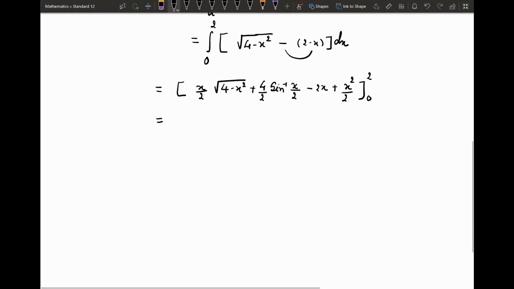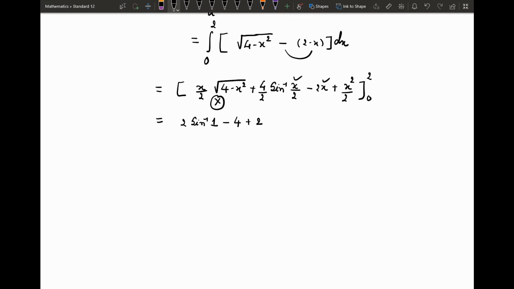So first put the upper limit. In the case of the upper or lower limit, this term will be 0, because if we put x equal to 2, 4 minus 4 is 0. In the case of the lower limit, x is 0. So this is 2 sine inverse 2 by 2, minus 2 times 2 plus 2 square by 2.